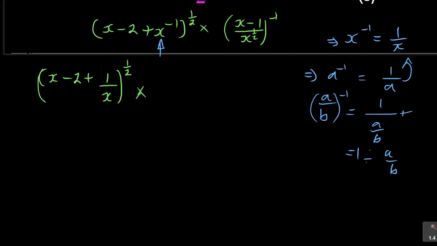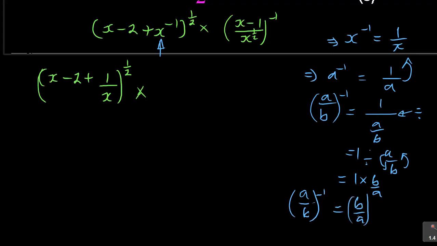Now you convert the division to a multiplication and invert: this goes up, this goes down, which is b over a. So a over b to the power negative 1 is the same as b over a.